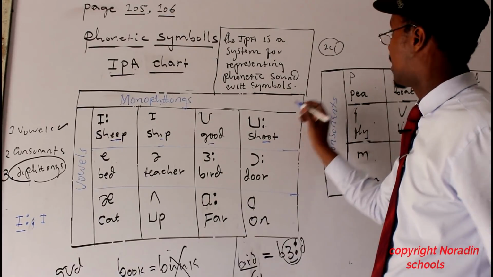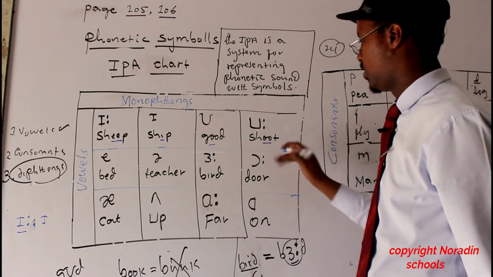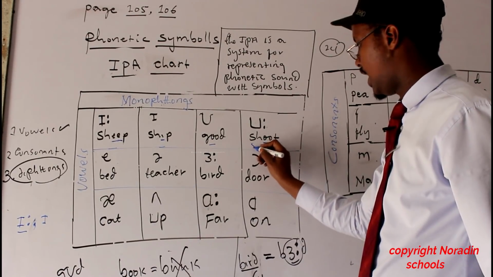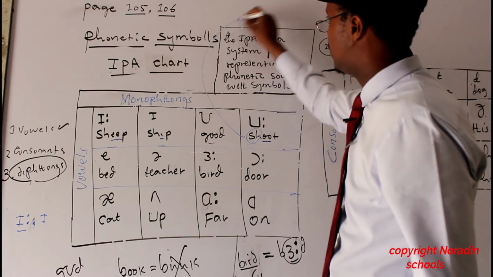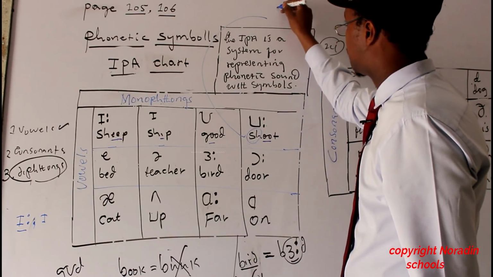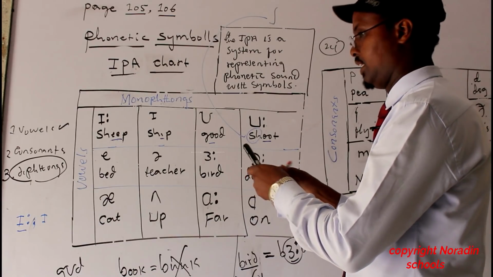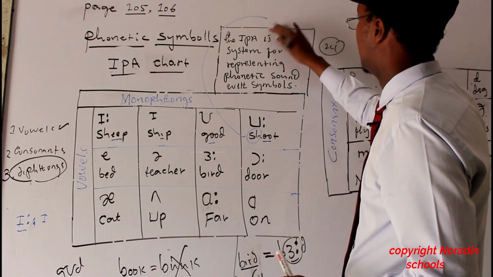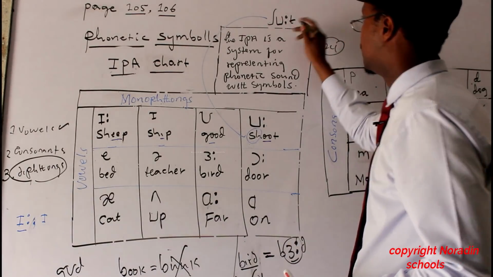So if a teacher asks you to write the pronunciation of the word shoot, you don't have to write it the way it is now, because dictionaries don't use that. They use the symbol for sh, and then the vowel.